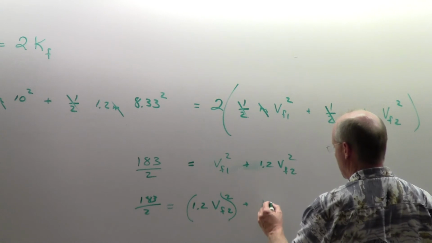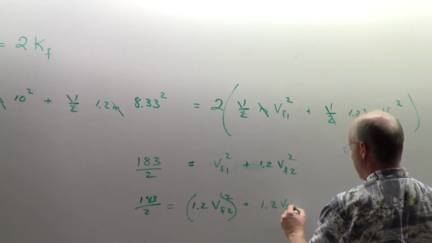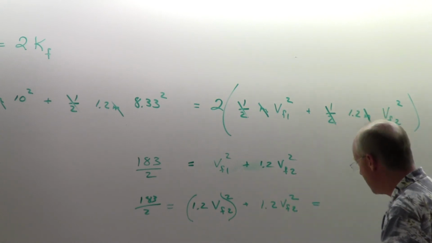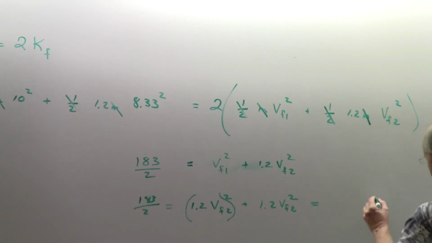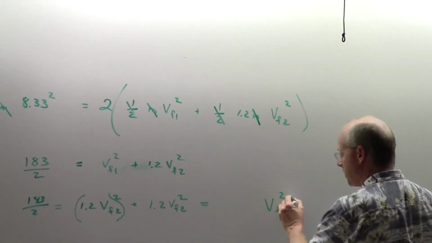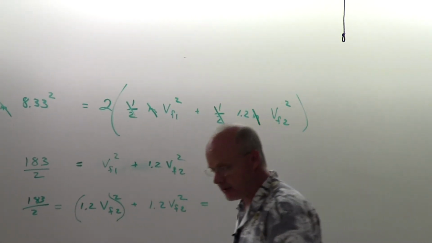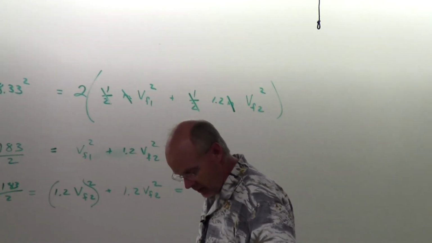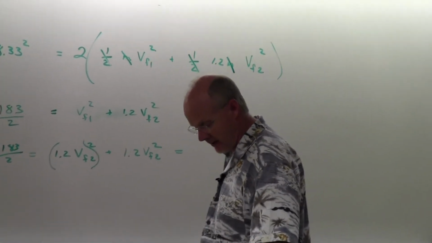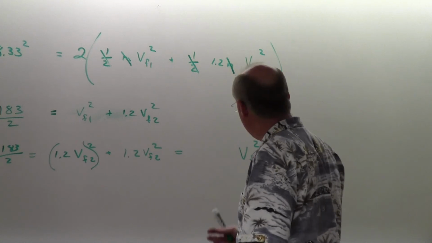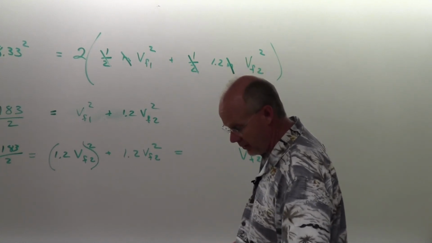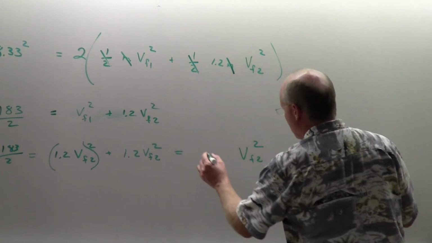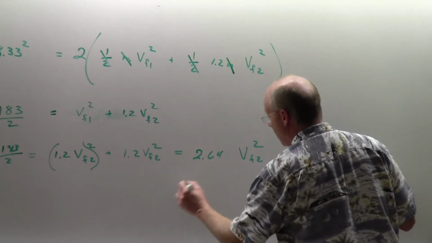Be careful there. 1.2 V final 2 squared. And so V final 2 squared is my like term. So it looks like I've got a 1.2 squared, and then add to that a 1.2, and 2.64. So 2.64.